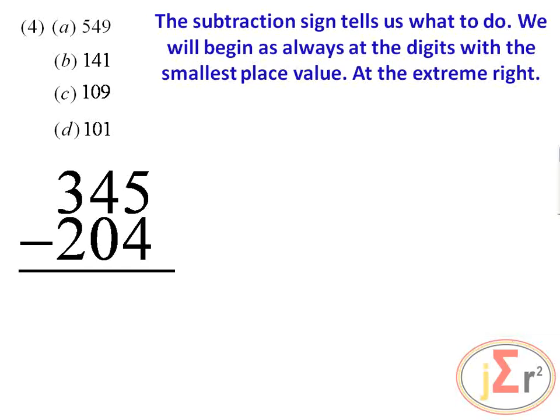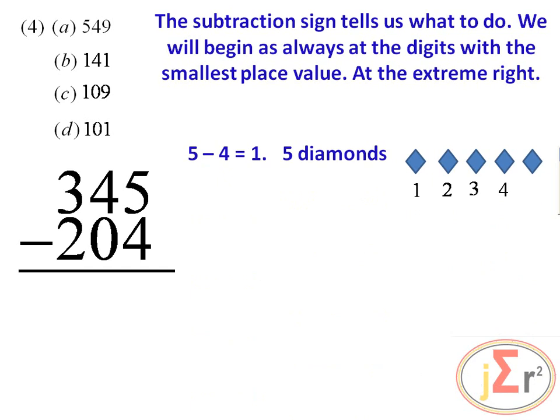So we have 5 minus 4, and that will give us 1. So we use 5 diamonds just as an indication. This is what I was telling the students that you should not need to do. But at the same time, the subtraction process can be easier understood if we use objects and manipulate them, so that at this level you may have a better understanding of subtraction.